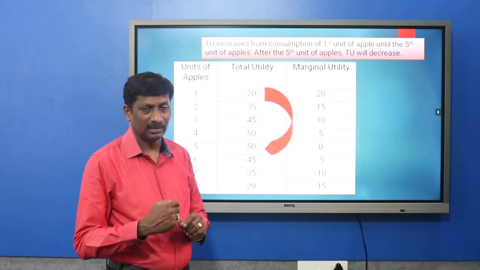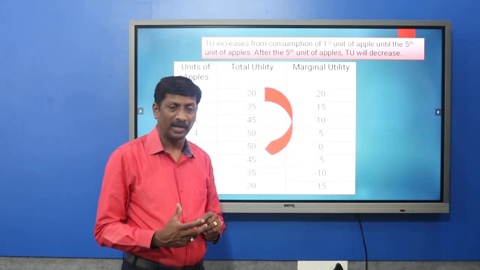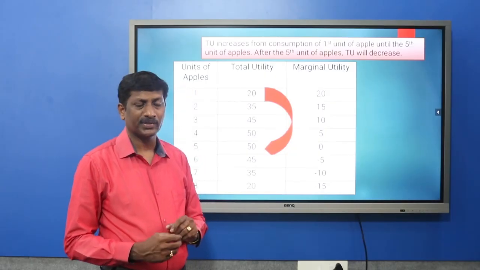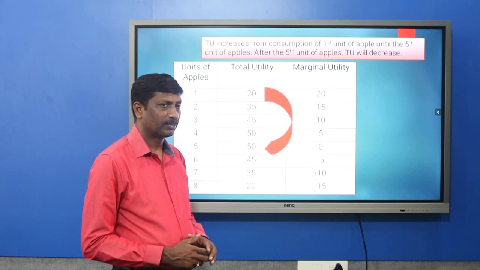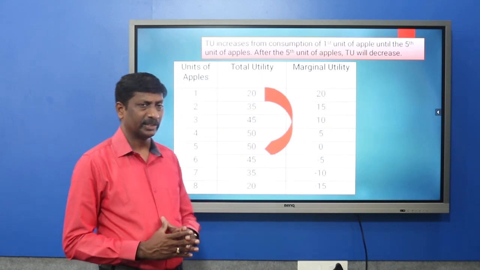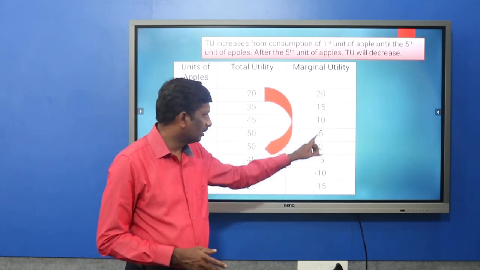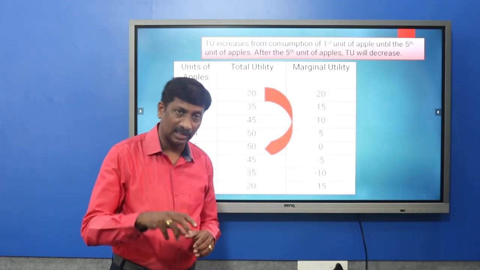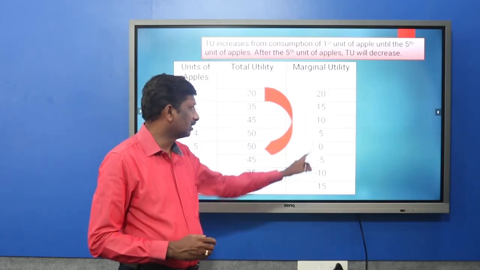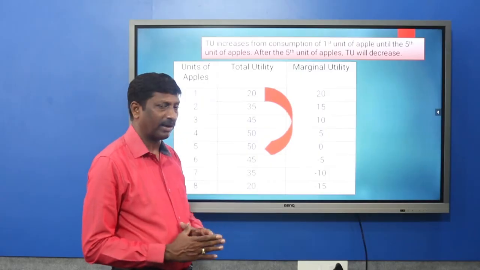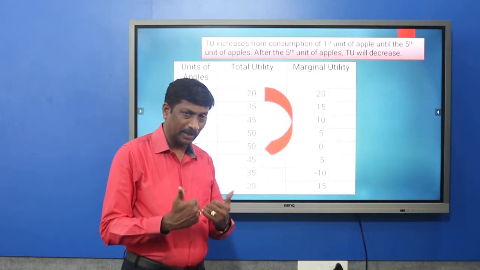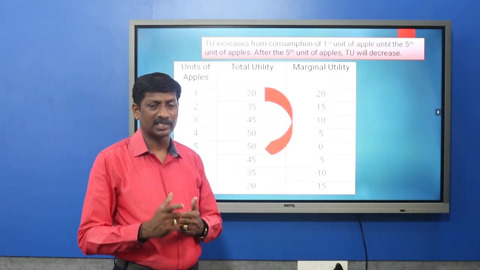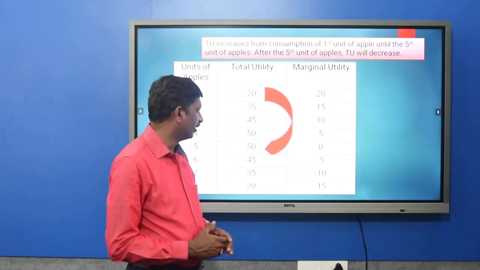That means the extra unit provided him less happiness compared to the first unit. Total became 35. When he consumes the third apple, his happiness from the third apple is 10 utils, total 45. When he consumes a fourth apple, the fourth apple provides him 5 utils of happiness, total became 50.